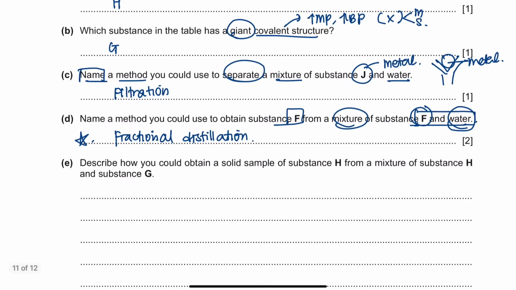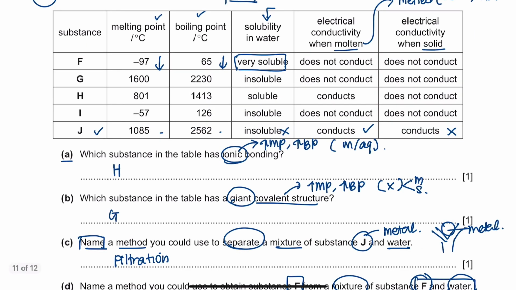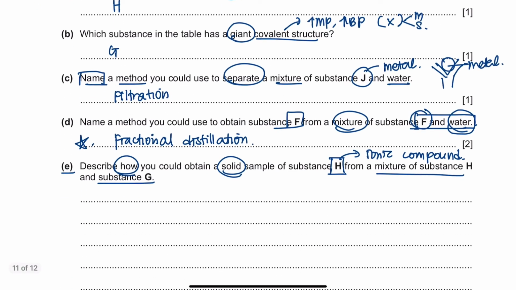Question E, describe how you could obtain a solid sample of substance H from a mixture of substance H and substance G. Now substance H is an ionic compound as we discussed previously. And looking back at substance G, we could see that it has a very high melting point and boiling point. However, it is insoluble in water and does not conduct electricity in both molten or solid state. So substance G could possibly be a macromolecular structure.